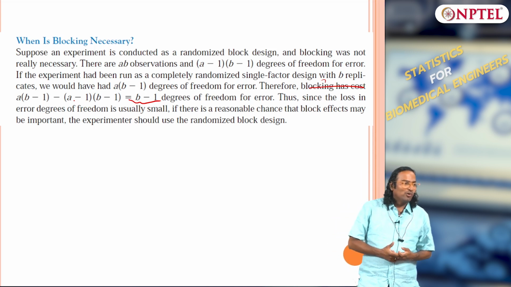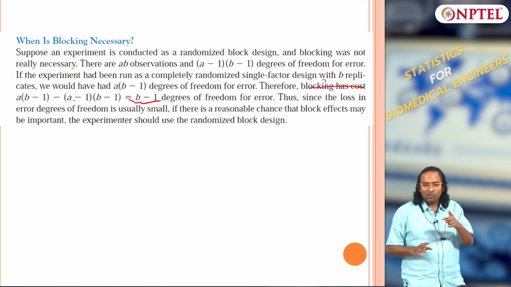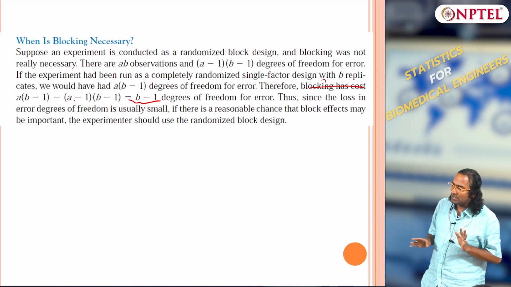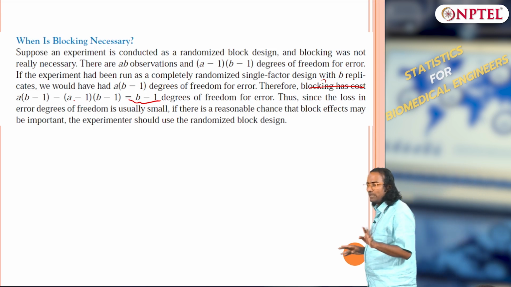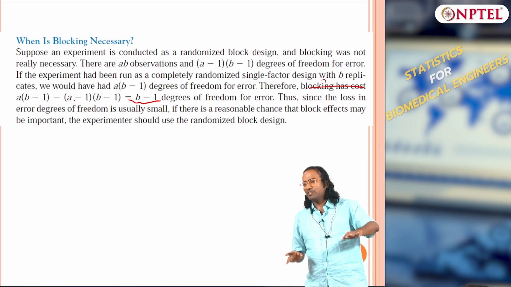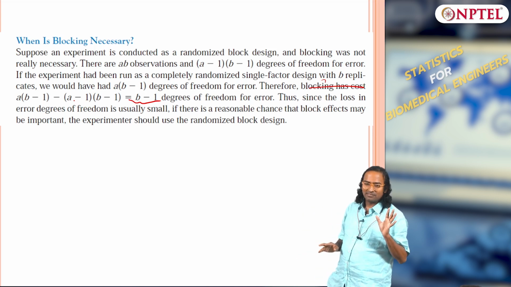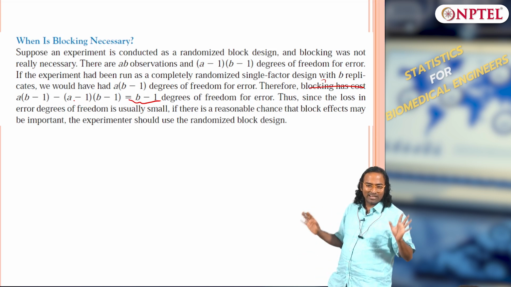So you are simply sacrificing b minus 1 experiments if you are doing blocking. Remember that. If you are doing blocking at 10 levels, you are giving up 9 experiments, okay, that is what it is.